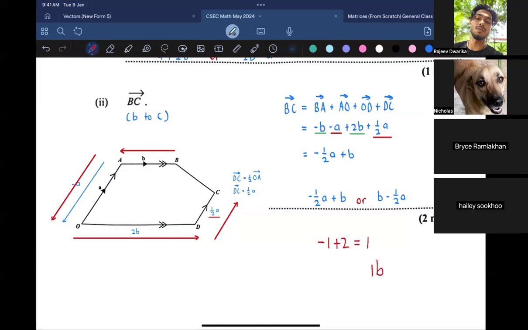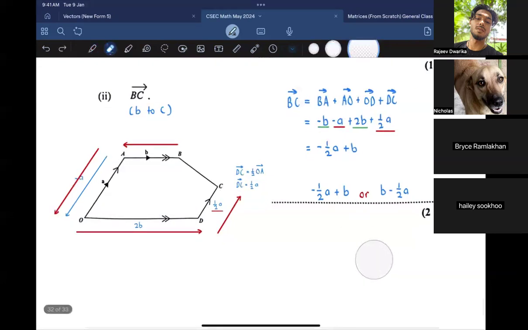And over here now, if I deal with the a terms, where's the coefficient for minus a? It's the same thing as for the minus b.